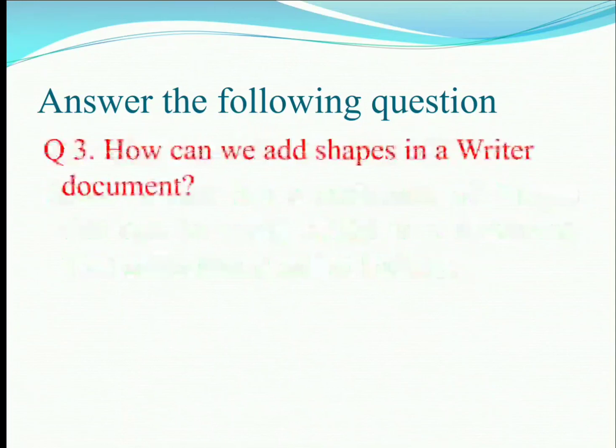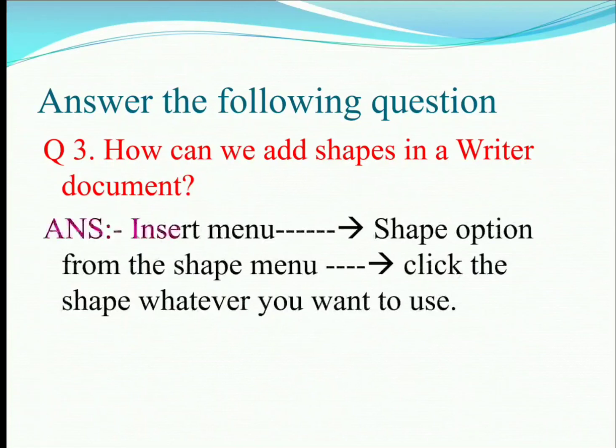Question third is, how can we add shapes in a writer document? Answer is, first of all we will click on the insert menu. From the insert menu we will click on the shape option. The shape menu appears. From the shape menu we will click on that shape whatever we want to use.